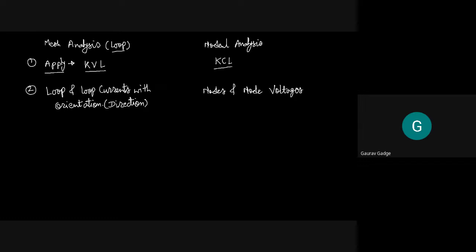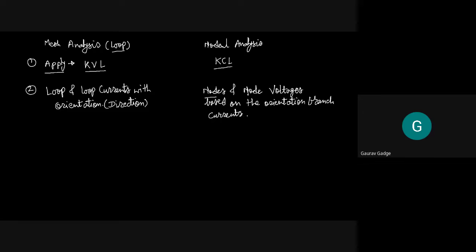Now these node voltages are decided again based on the orientation of branch currents. Orientation of branch currents, so this is very, very important.